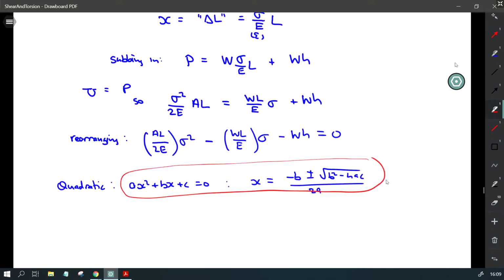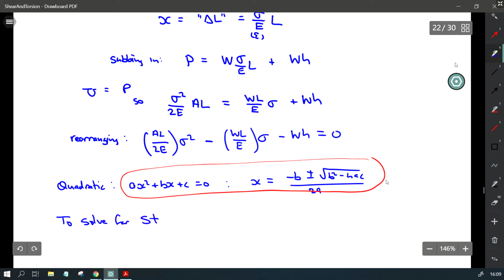So to solve for stress, the coefficient of sigma squared is L over 2E.